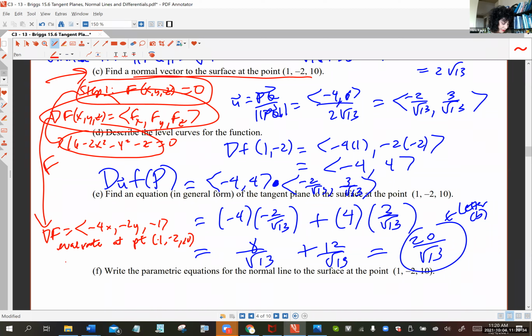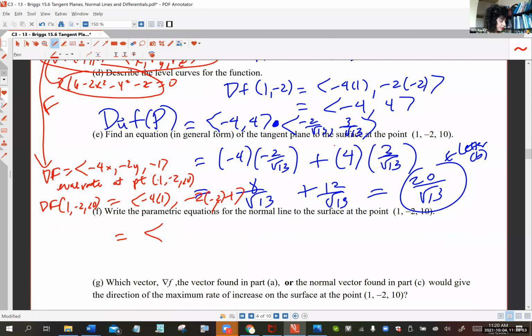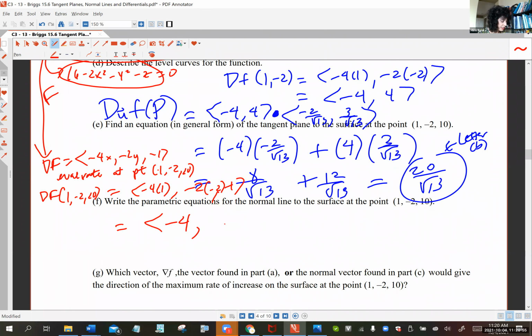So del F, big del F that is, evaluated at 1, negative 2, 10, you know, substitution, negative 4 times 1, comma, negative 2 times negative 2, comma, negative 1. So I get the final answer for letter C is this vector, negative 4, positive 4, negative 1. So that's the answer for letter C.